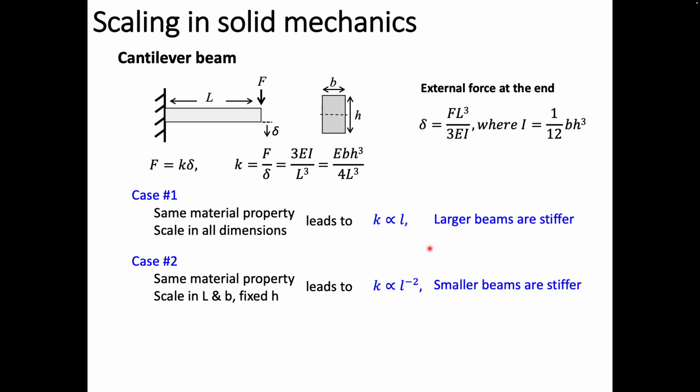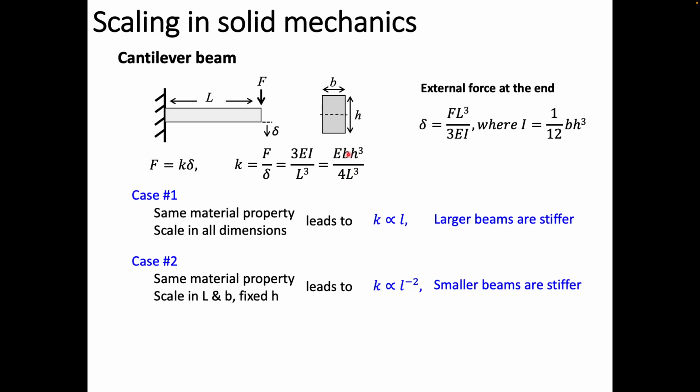Now the second case. Again we maintain the same material property, Young's modulus the same, but here we fix the H. The height is fixed, but we scale up and down with B and L. H is fixed, so it is a constant value, but B scales up and down, and L scales up and down.